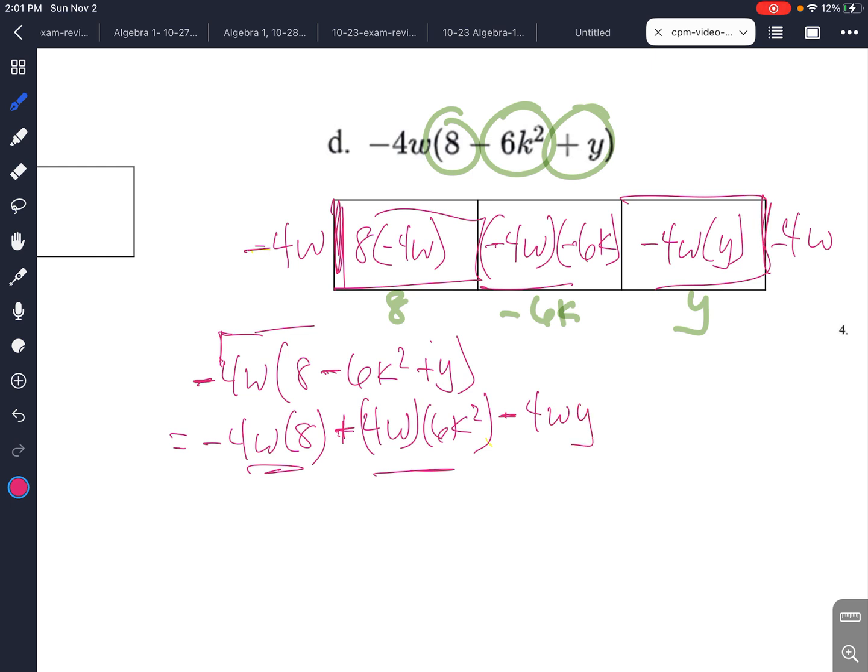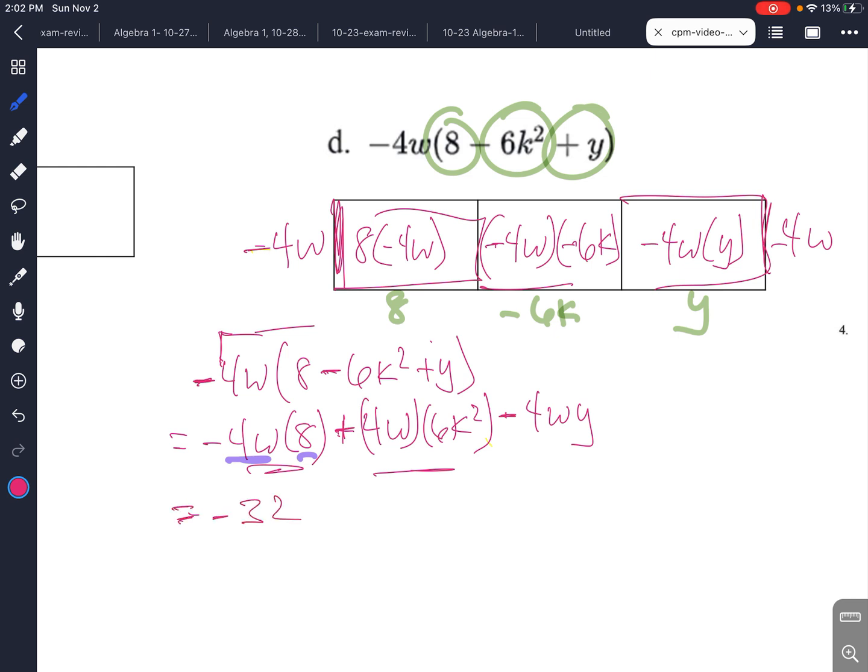I can multiply my negative 4 and my 8 because they're whole numbers, right? So that gives me a negative 32w.